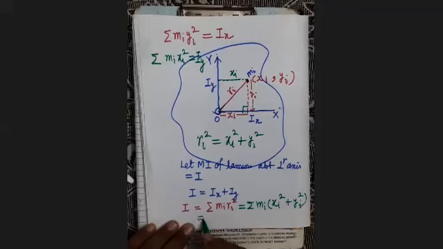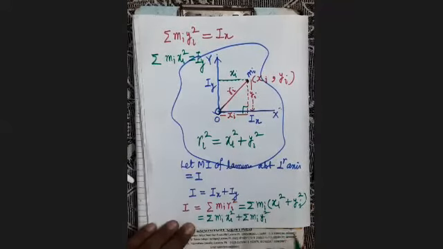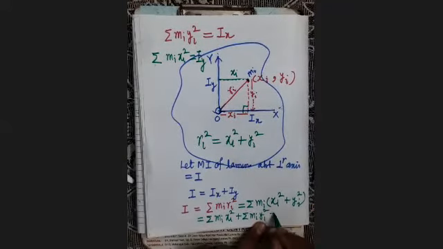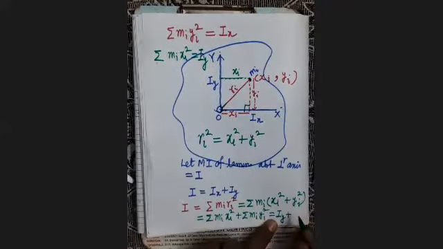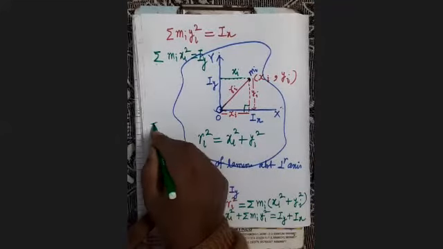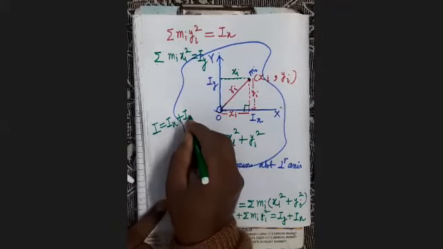Now on opening the bracket, sigma mi xi square plus sigma mi yi square. What is sigma mi xi square? It is iy, plus what is sigma mi yi square? It is ix. Means you can write I equals ix plus iy.